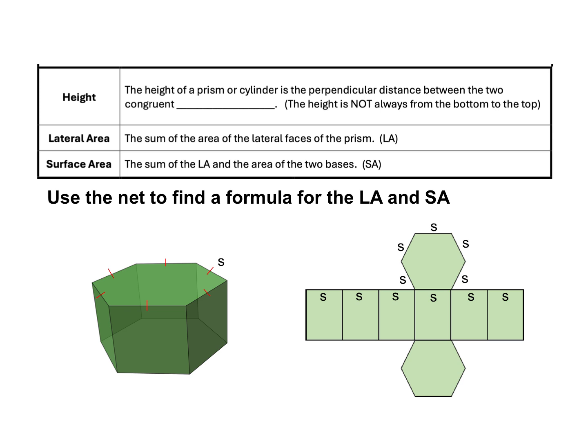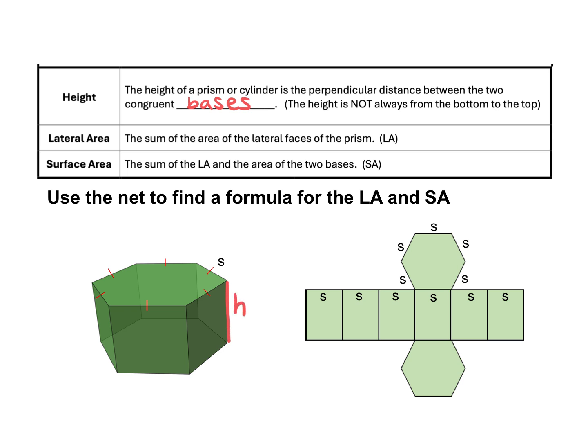The height of a prism or a cylinder is the perpendicular distance between the 2 congruent and parallel bases. Depending on how your prism is standing, like the one in my picture here, this is not in your notes packet, but the height would be right there.